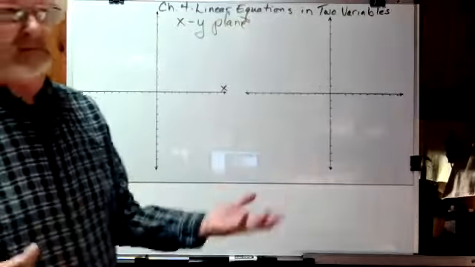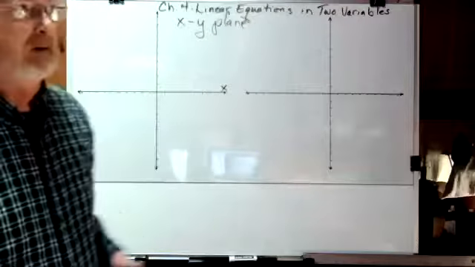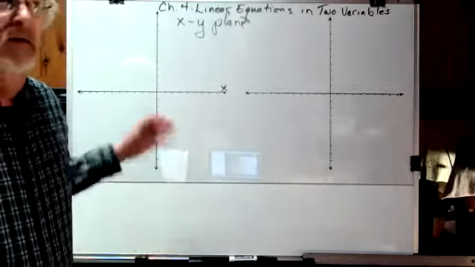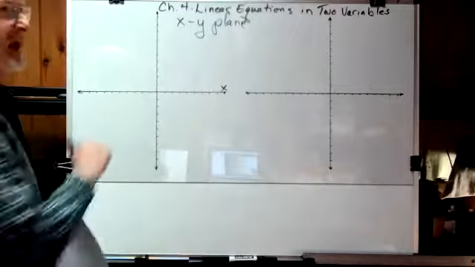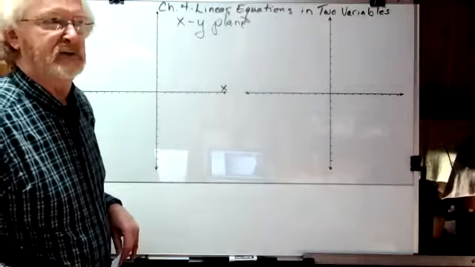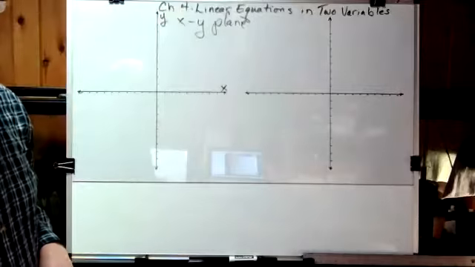For most of our abstract or general problems, we tend to use the variables X and Y. We've seen them already quite a bit. So I'm going to label that horizontal axis as my X value axis. And if I've got a Y value to go with it, it's going to go on this vertical axis.